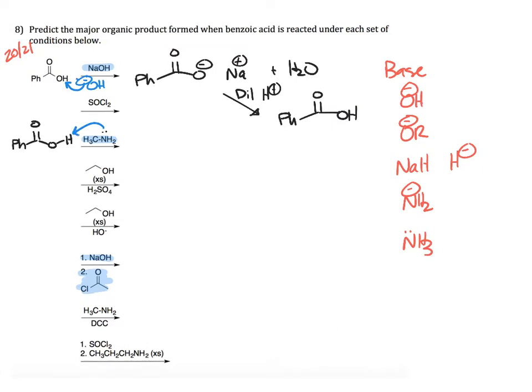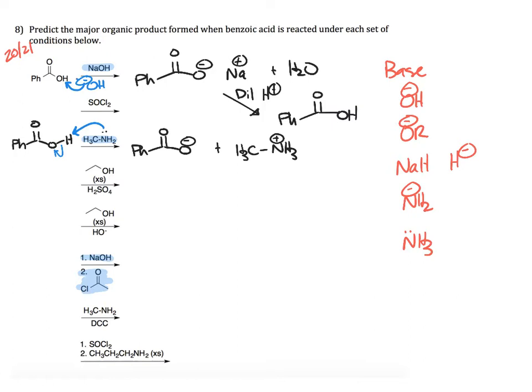It will first just react with that proton, giving you the carboxylate, and then you get an ammonium ion. So instead of NH2, it'll be NH3 plus. And you have your negative carboxylate, positive ammonium, so that's a stable salt. And that's all that happens there.